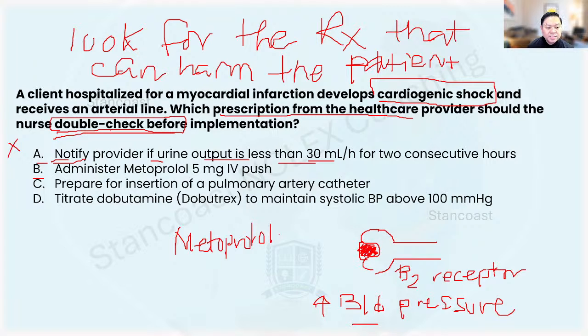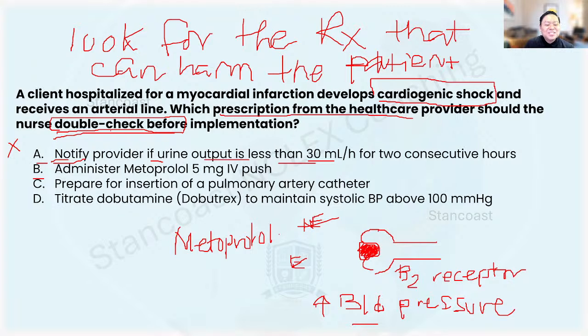And once the norepinephrine tries to attach to the receptor, it can no longer do that. It's because the blocker has already attached to the receptor. So it will render the norepinephrine and epinephrine powerless, even if you have a lot of adrenaline or noradrenaline.